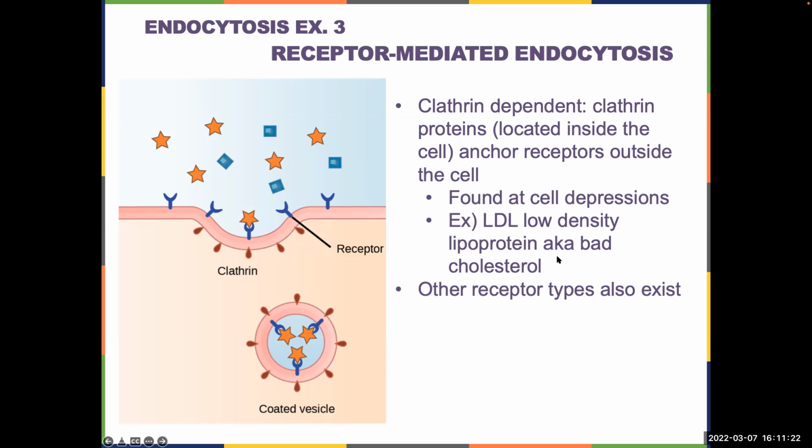This is what we consider bad cholesterol. But there are lots of other examples for receptor and substrate. There's also other times where the protein on the inside of the cell is something other than clathrin.